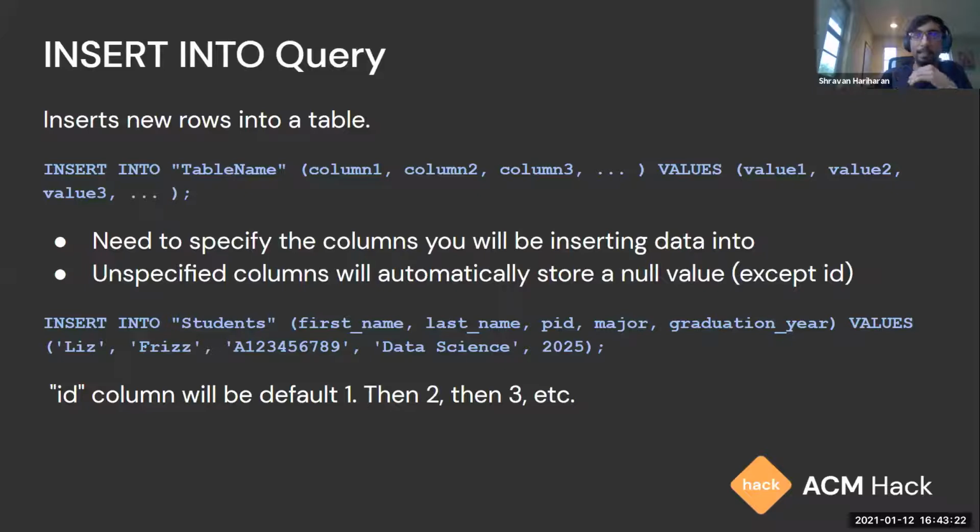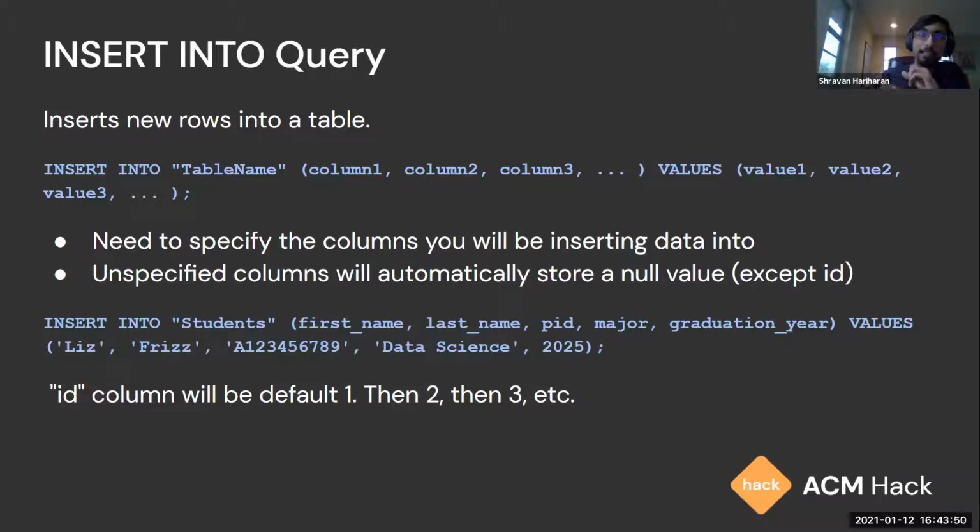But for stuff like timestamps for a post, you don't always know the current timestamp, and you might as well just let Postgres automatically generate that timestamp. And the same thing with the ID. So unspecified columns will automatically store a null value. If the default value of that column is there, then it'll just store that default value. Otherwise, it'll be null.